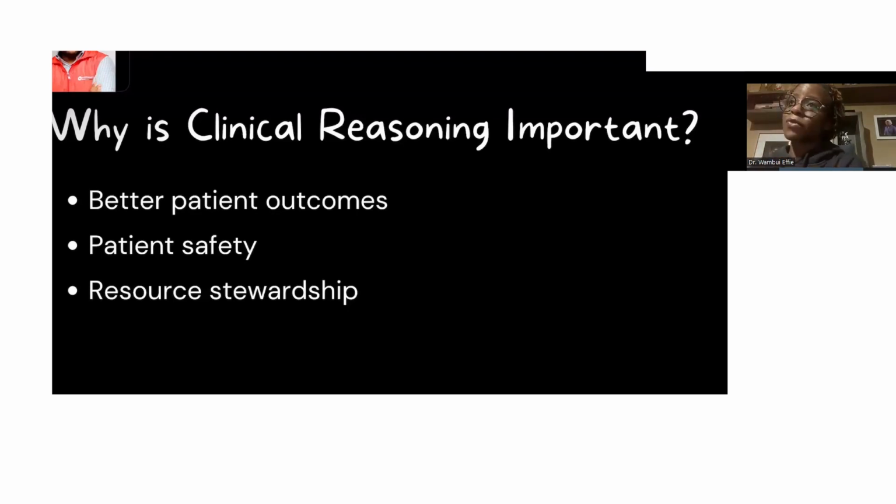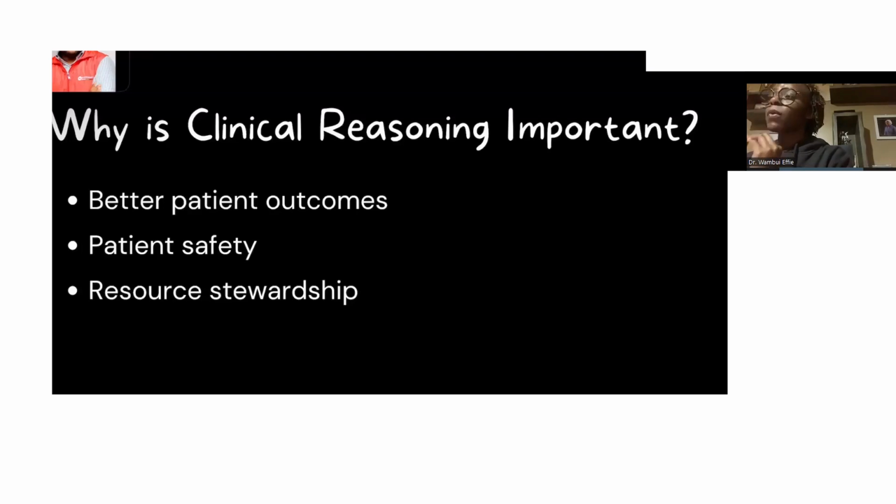Next is patient safety. And this is where those algorithms come in, and other than the algorithms, evidence-based medicine. Remember, one of the things we had talked about when it comes to what clinical reasoning entails is that knowledge base. So if you have that evidence-based knowledge base, then whatever it is that you're doing will always be backed up by some evidence.